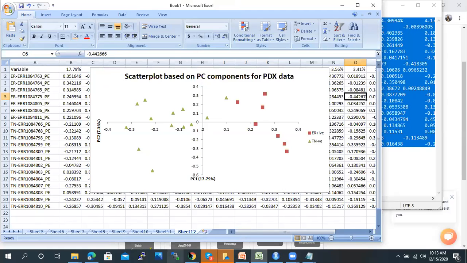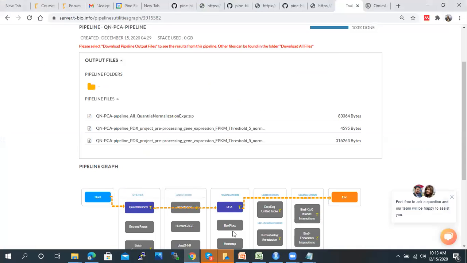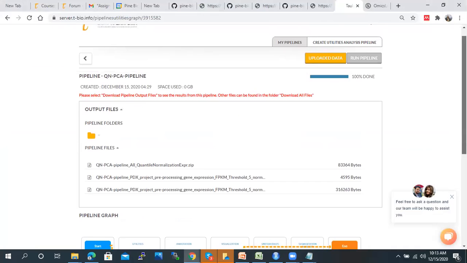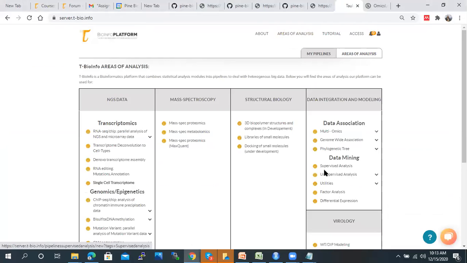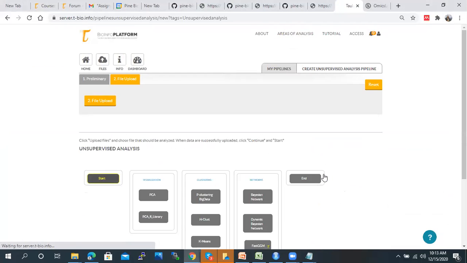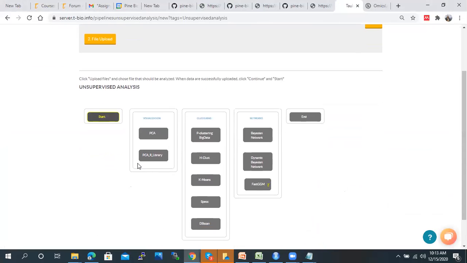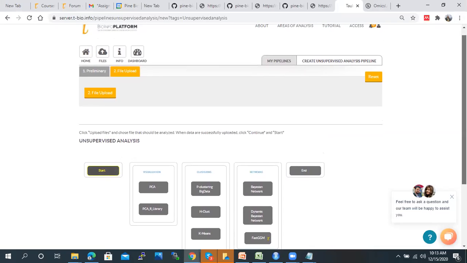Besides that, on the T-Bind4 platform, if you provide the data here, we have another option that is unsupervised analysis. In the unsupervised analysis, you can also use the PCA library, and it will directly give you that output. Meanwhile, I will go to the next part.